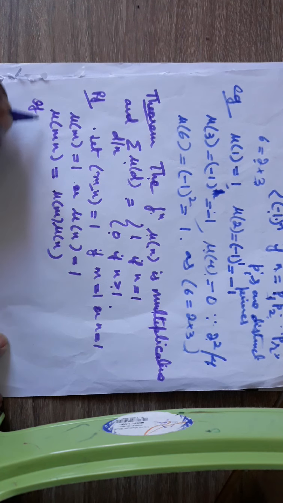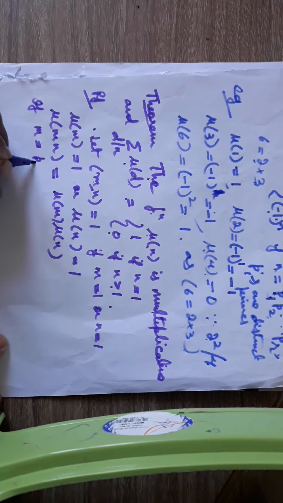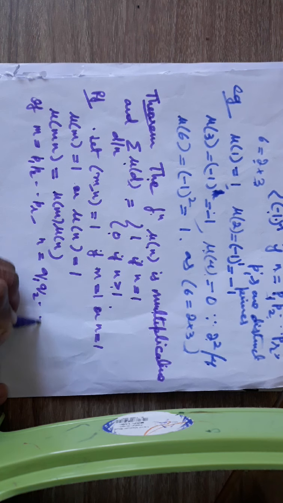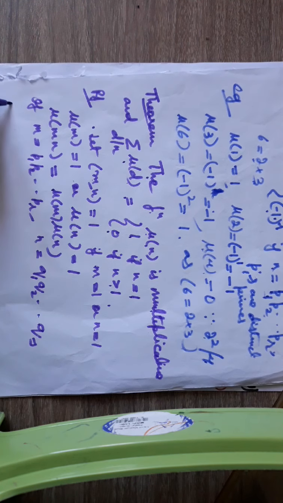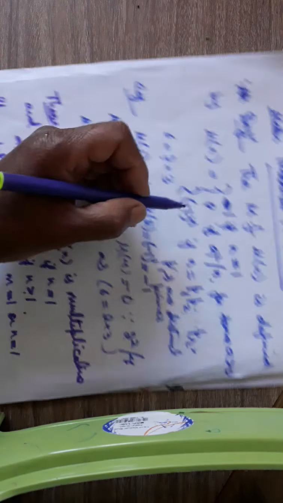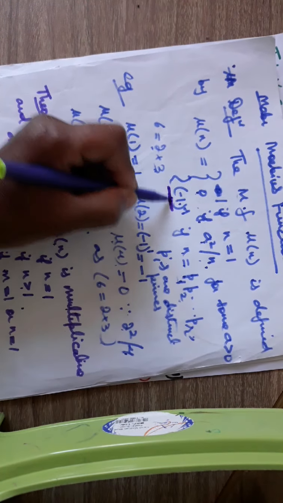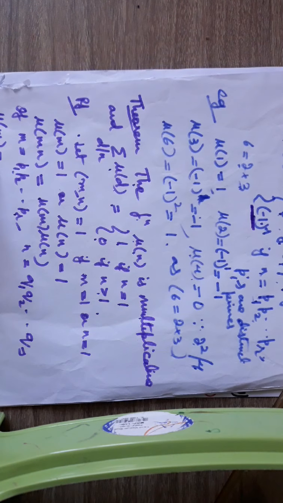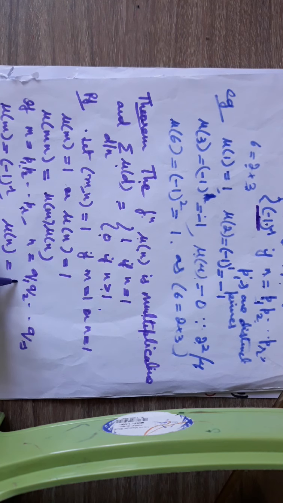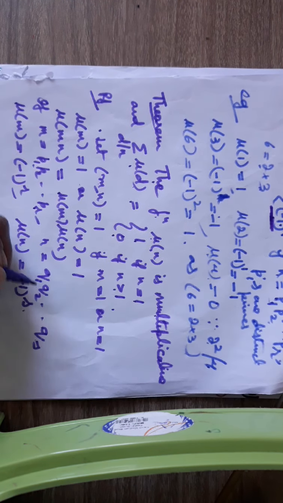Now if m is a product of r distinct primes p1, p2, up to pr, and n is a product of s distinct primes q1, q2, up to qs, then what is mu of m? There are r distinct primes, so according to the third definition of the Moebius function it is minus 1 to the power r, and mu of n will be minus 1 to the power s.